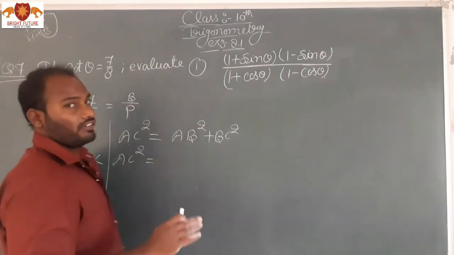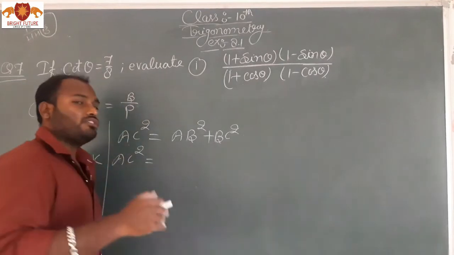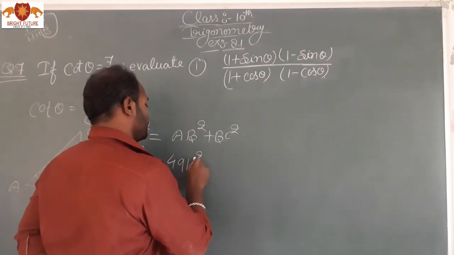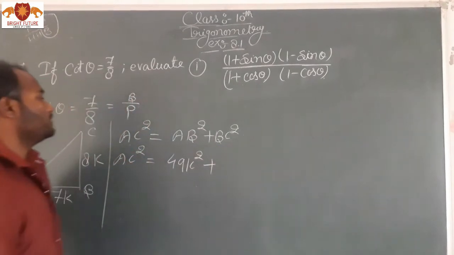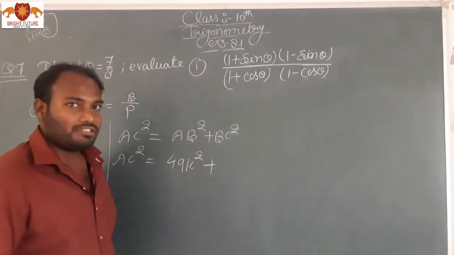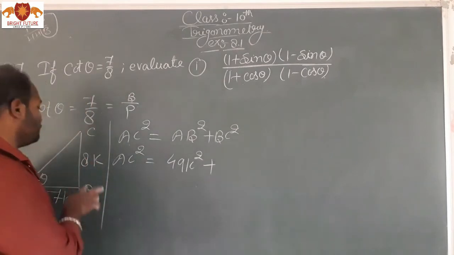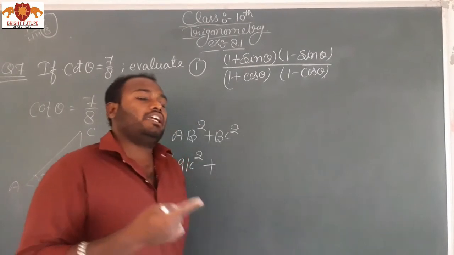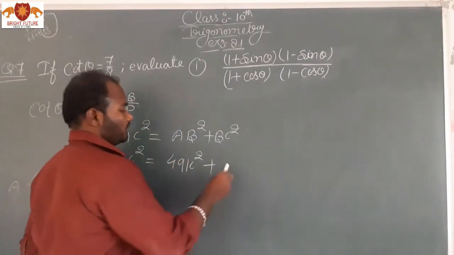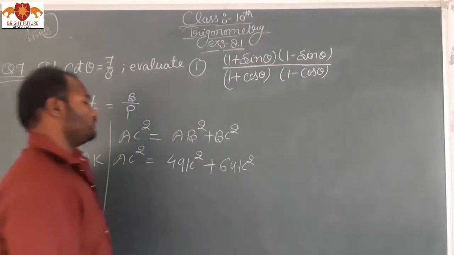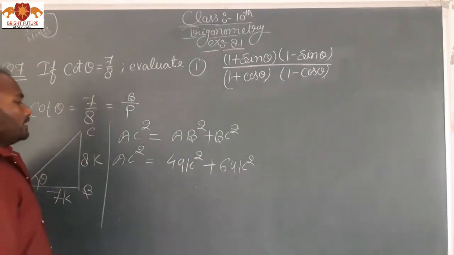Now AB square means 7k square, 7 square means 49, so I will write here 49k square. BC means perpendicular, so I will write the square of BC. The value of BC is 8k, so I square the 8, which means 64, and k square is also there, so you write 64k square.